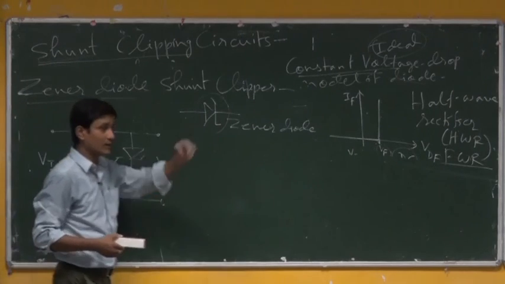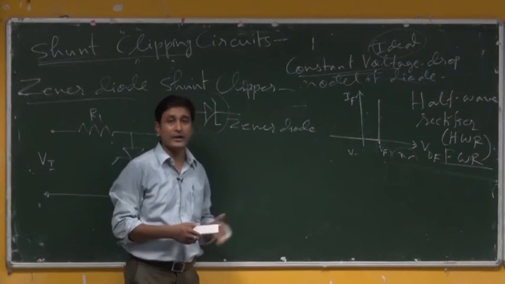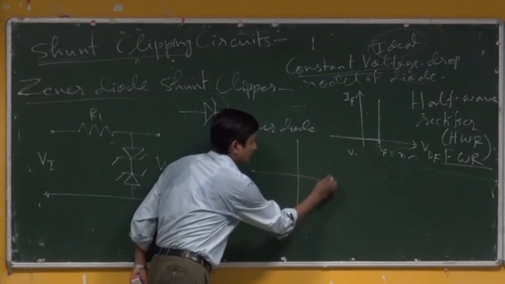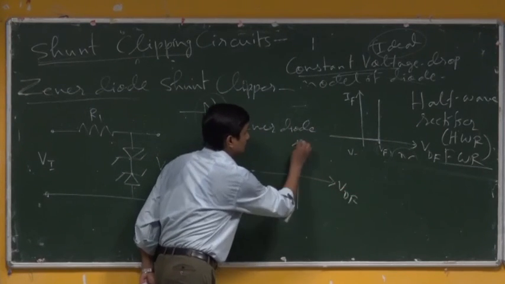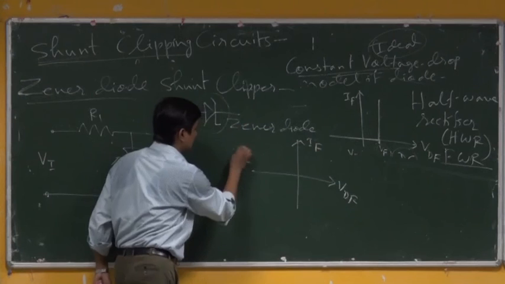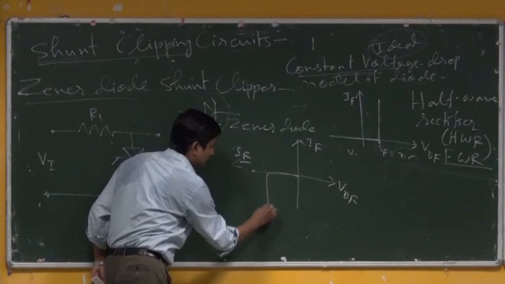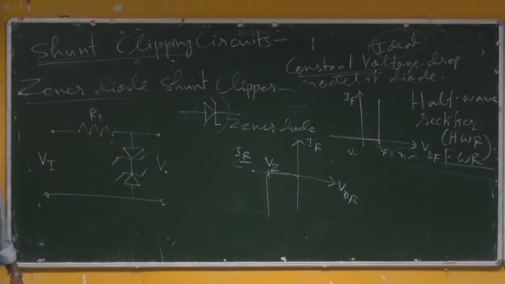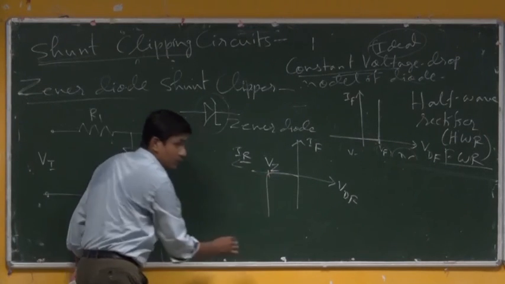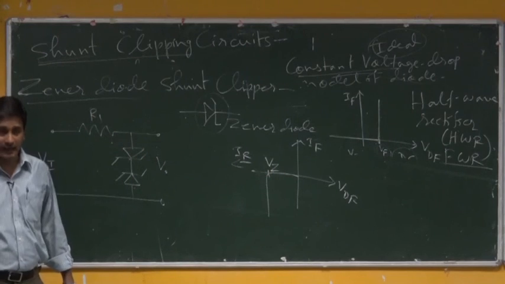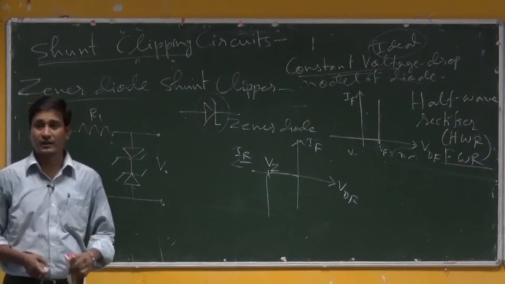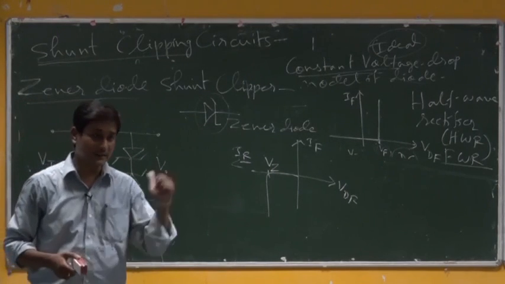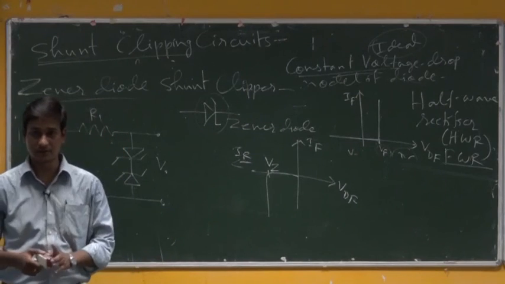Compared to general diodes, this diode has one special characteristic: the breakdown which happens at the diode current conduction is allowed for a Zener diode, which is not for general diodes.